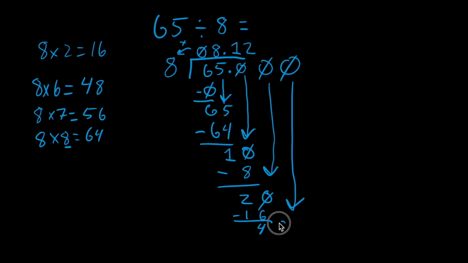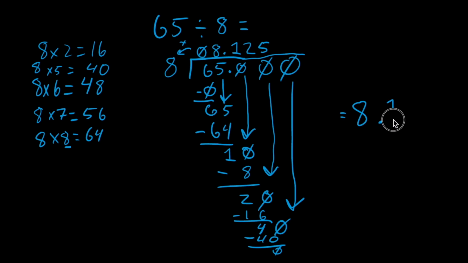Bring down that 0. Now you have a 40. So how many times can 8 fit into 40? Well, 5 times. 8 times 5 equals 40. So I'll write my 5 right above here. 5 times 8 is 40, and your remainder is 0. So your answer is 8.125. No remainder. And there you go.